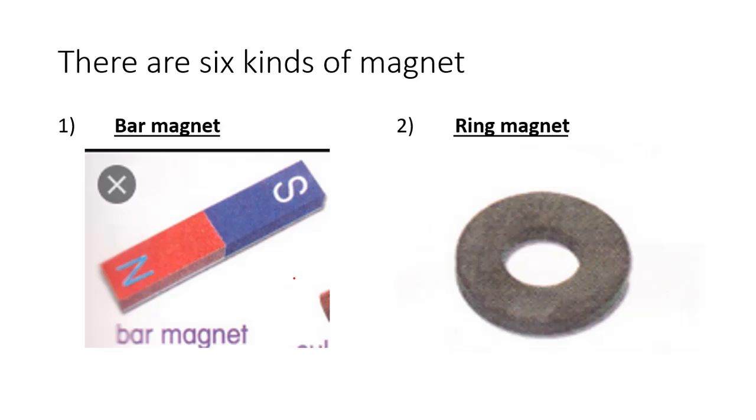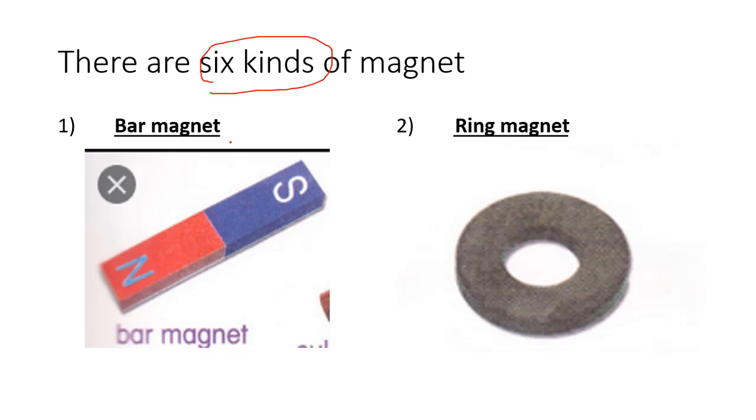Basically, there are 6 kinds of magnet. We are going to look at these 6 kinds of magnet, starting with a bar magnet.